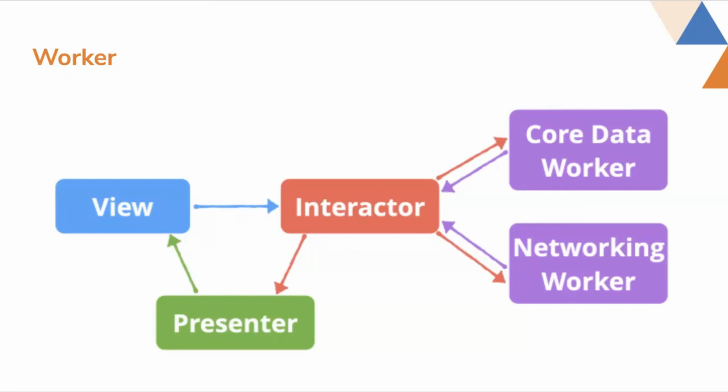And another worker, if you want to fetch users from the network or some other data from the database, we'll create another worker like a networking worker, so that it interacts with the interactor. Okay. So with these multiple workers, they will communicate with the interactor, fetch data, and the interactor will update the presenter, and the presenter will update the view.